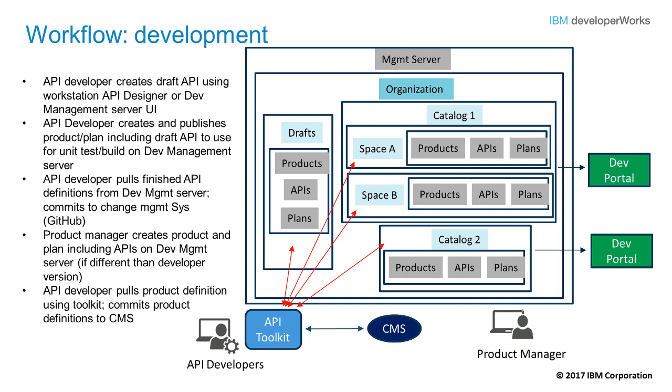In this way, copies of the APIs, the products that contain them, the plans, exist both on the development server and in the change management system. Once they're placed in the change management system, anyone who has access to that system can pull the definitions and work on them.